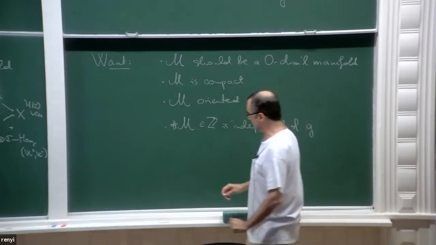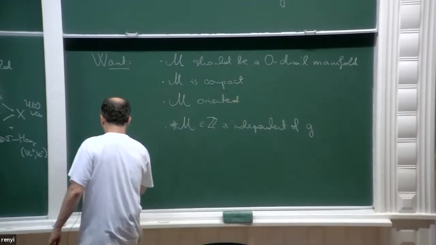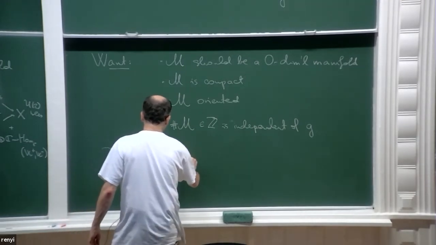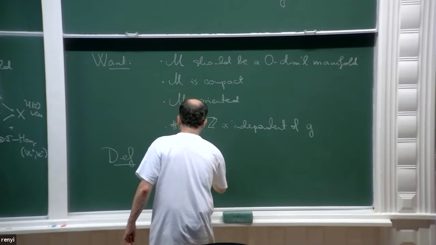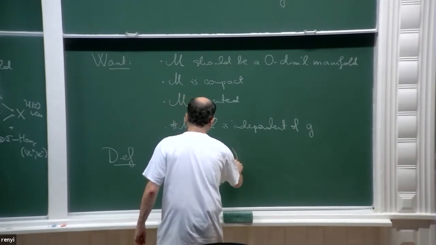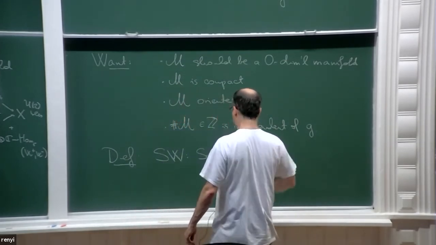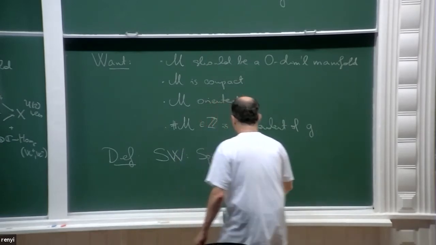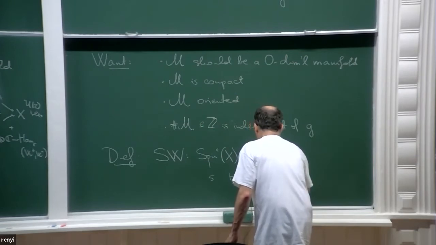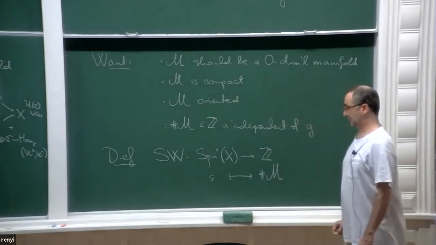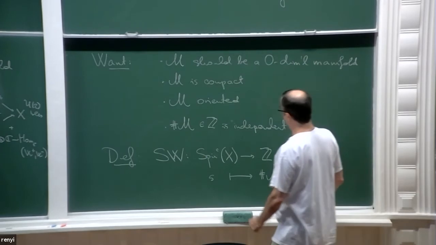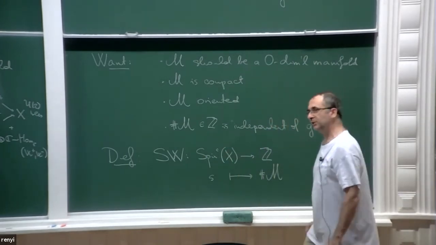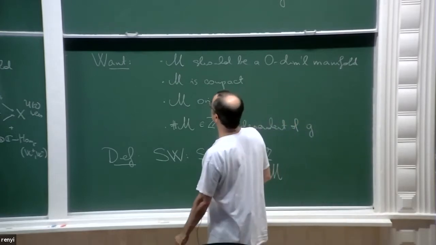And if we can carry out all these, we can make sure that M satisfies all these properties. Then we can define a function, Seiberg-Witten, which goes from the space of spin C structures of X to Z, and for a spin C structure, it associates the number in this space curly M. So that would be an optimal scenario, and then let's see whether this holds or not.